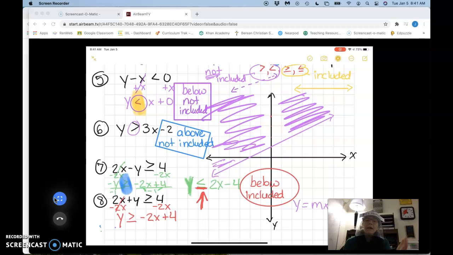So is my line shaded above or below? It's greater than, so it's above. And is the line included or not included? Included because it's greater than or equal to.